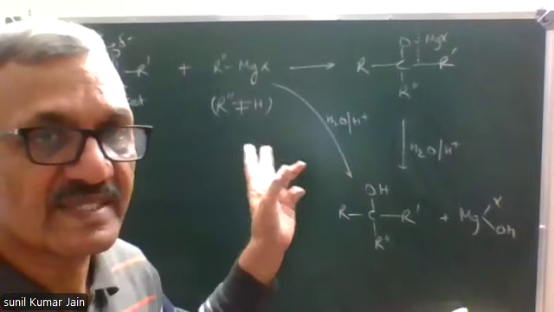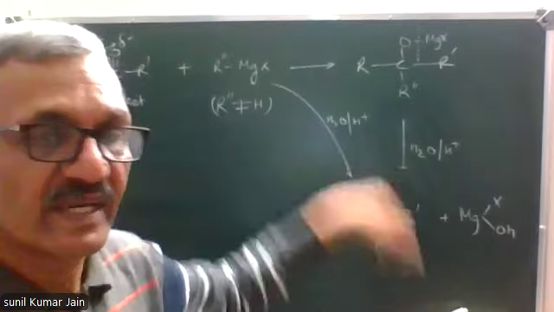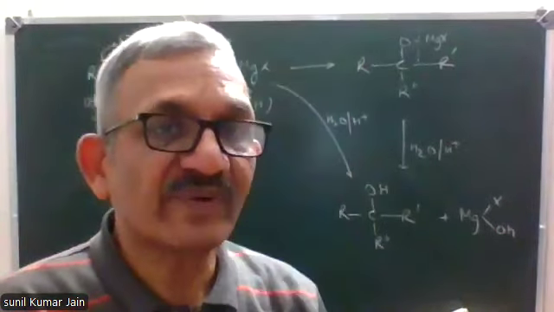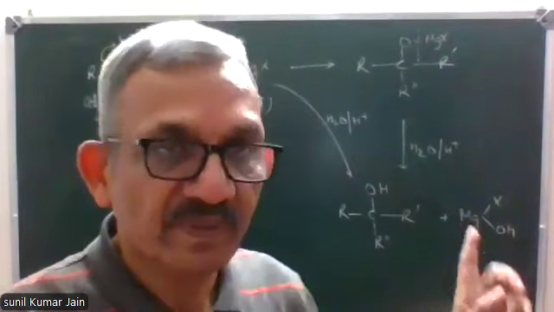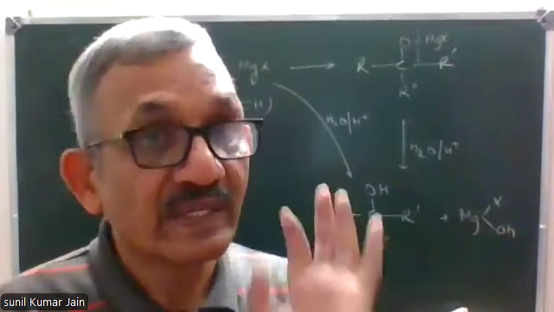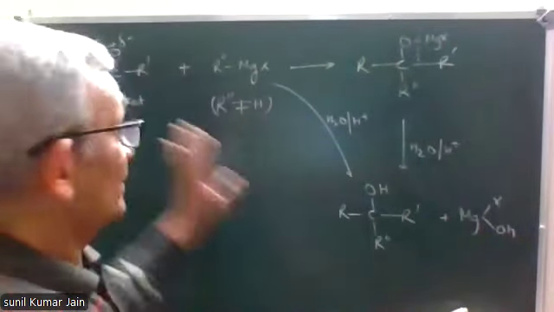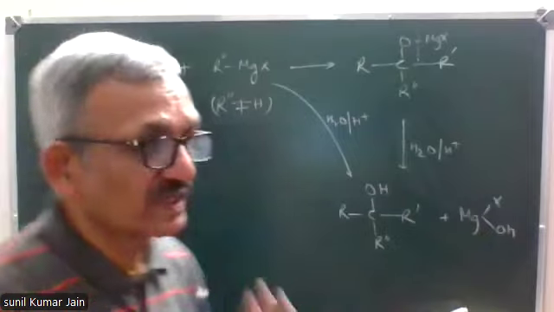Two reactants, above the arrow hydrolysis, and write the final product. Now, if you have to write the final product in one step, listen carefully. I'll give you an example. These two reactants give the final product.